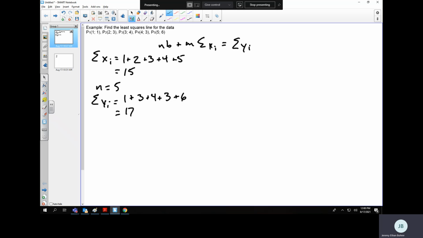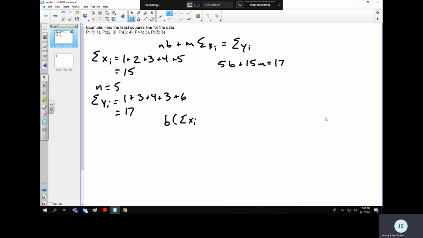Okay, so this means that we've got this equation here: 5b plus 15m equals 17. No problem.